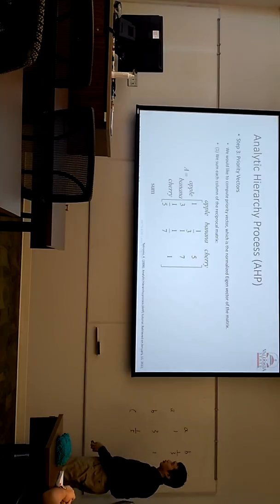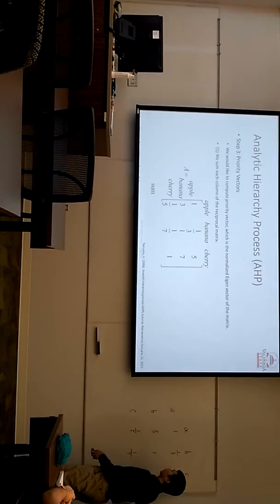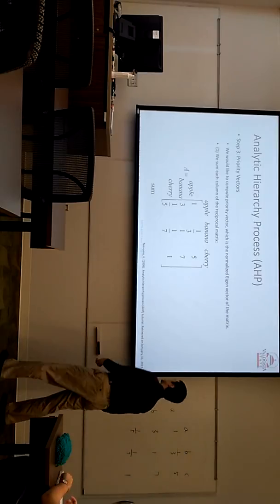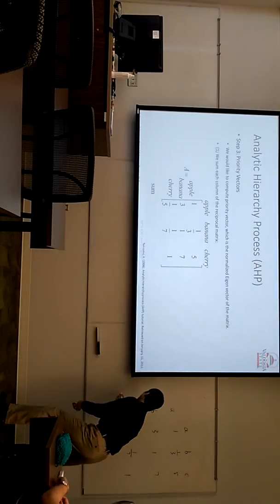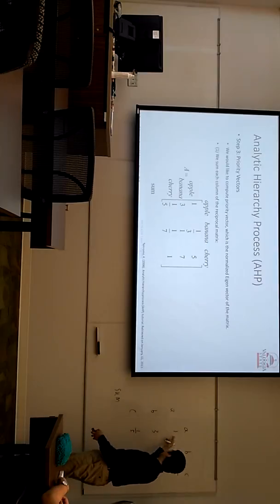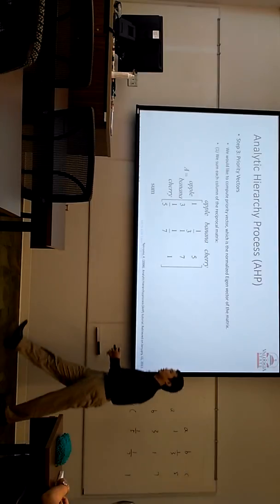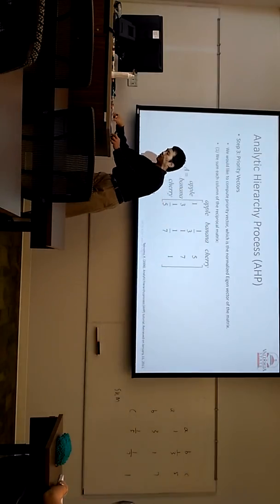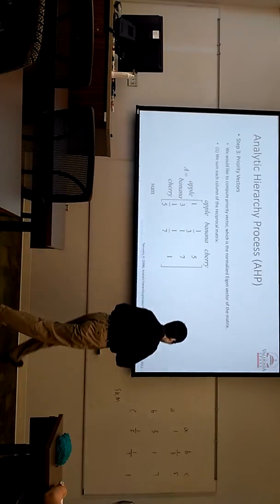Diagonal should be 1. 1/7, 5, and 7. So this is our original matrix, and we want to calculate the sum. I think I did some calculation here, so I just write down the numbers.